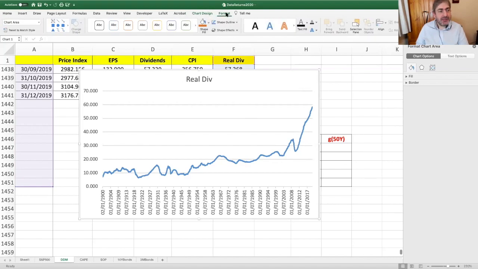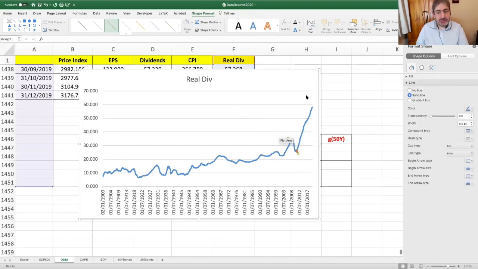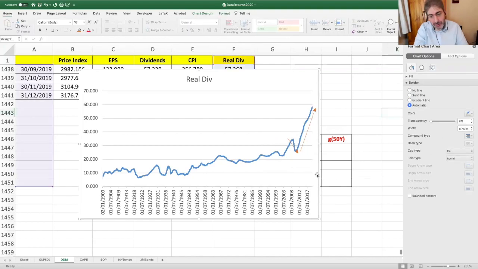So since dividends fell in this period, dividends went down pretty badly here, then they had to recover. And so what we are measuring here is also a recovery of the dividends after the drop in the global financial crisis. So first of all, if we use 10 years nowadays, we are basically measuring from the trough of the global financial crisis. So that's a technical problem.